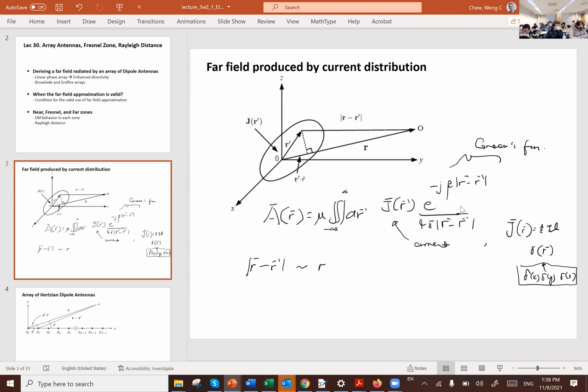Say if you have two vectors r and r prime, if you take the difference and find the magnitude, this will be the difference. Then you can show that the difference can be written as the magnitude of the original vector r minus r hat dot r prime.